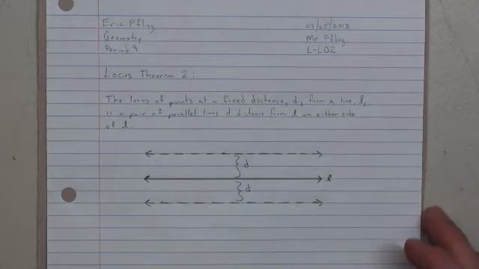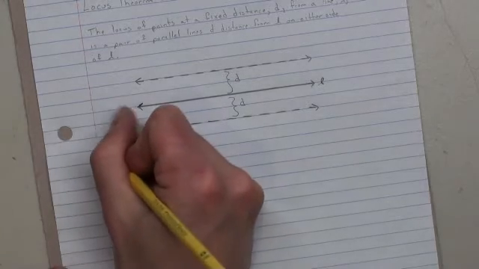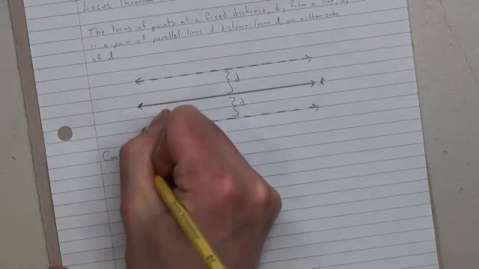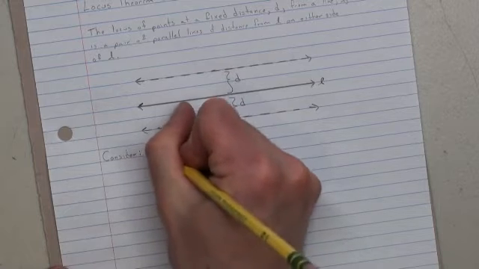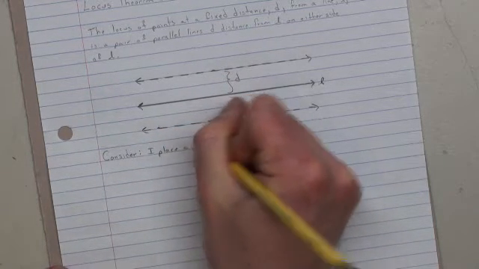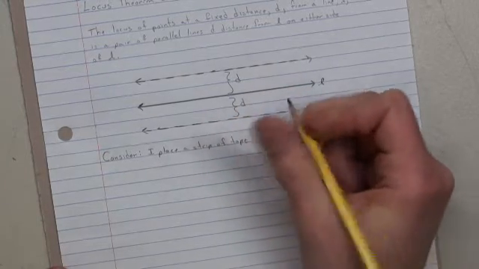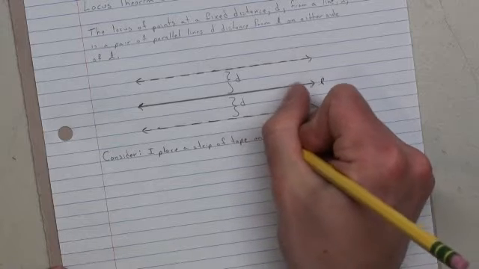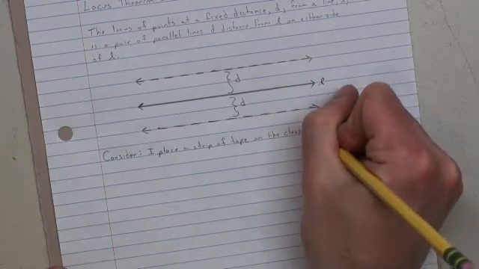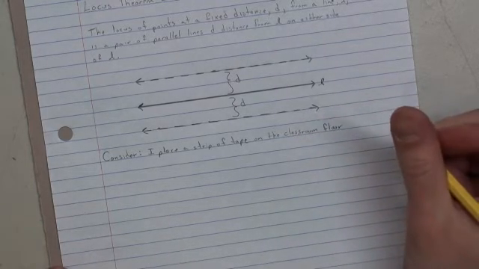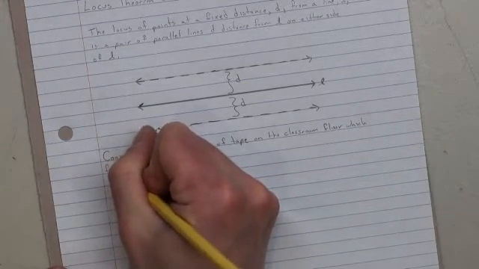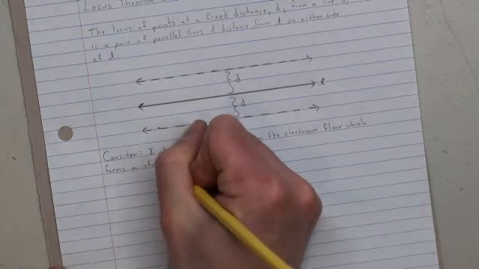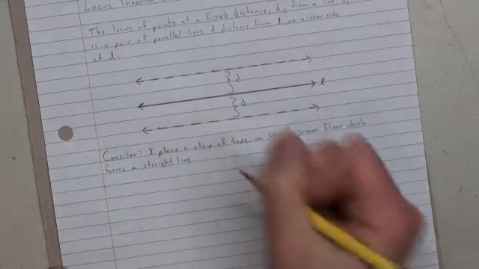So let's see. I want you to consider I place a strip of tape on the classroom floor which forms a straight line. Okay?